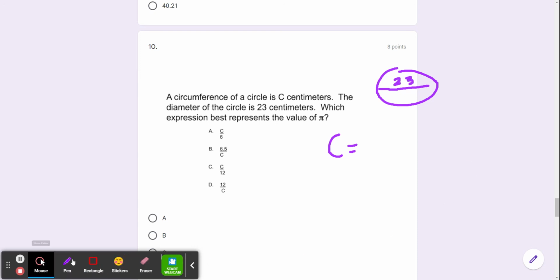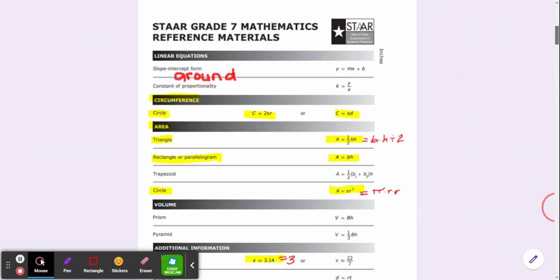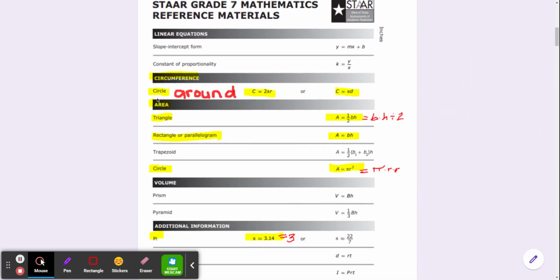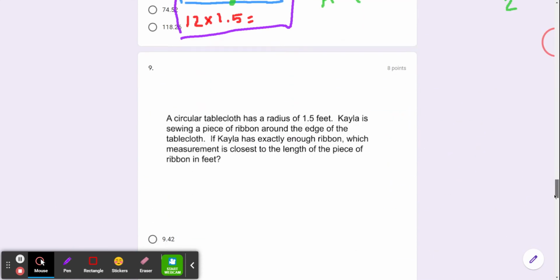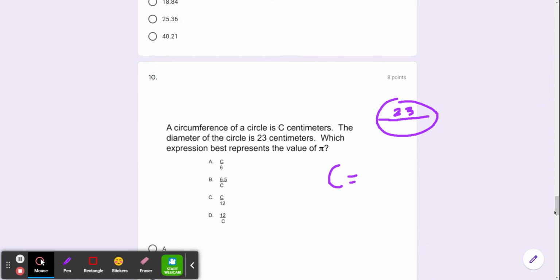And remember that the circumference, given the diameter, is pi times the diameter. So I'm looking at pi times the diameter, and I know the diameter is 23.